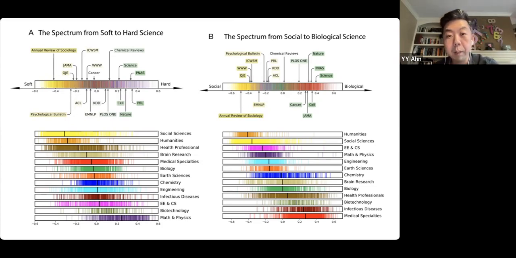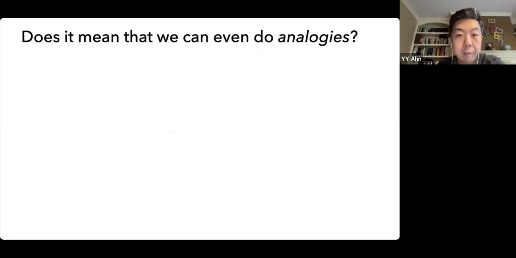But if you look at social to biological, they're very close to social and very far from biological science. So they change their places a lot by thinking about different axes. So you can find those meaningful axes in the space.